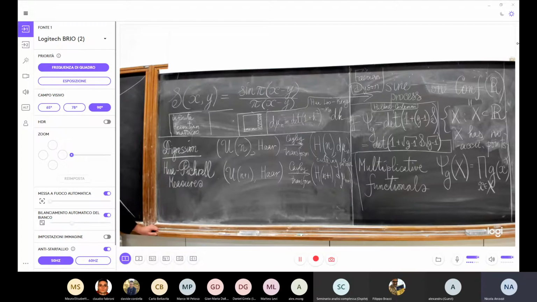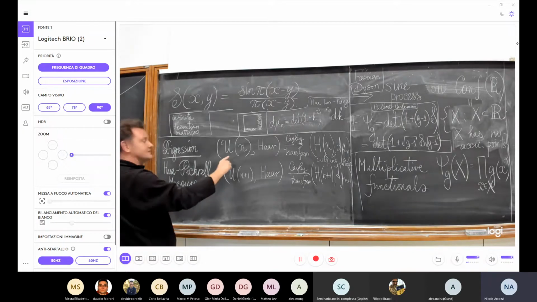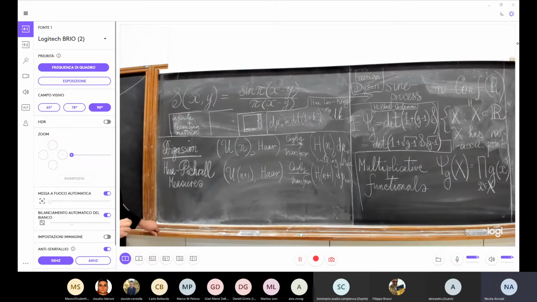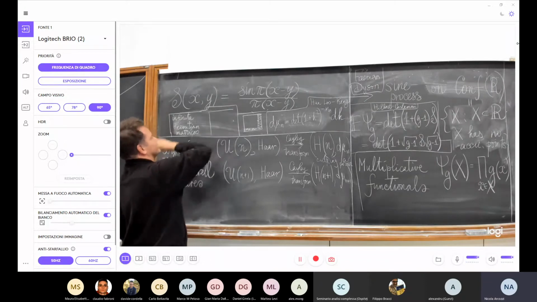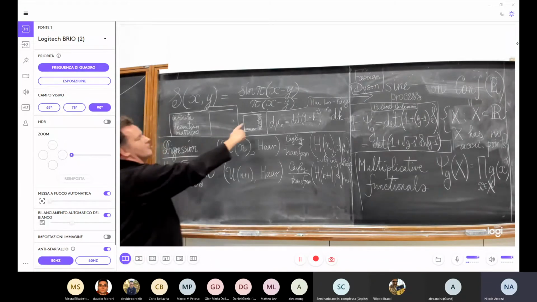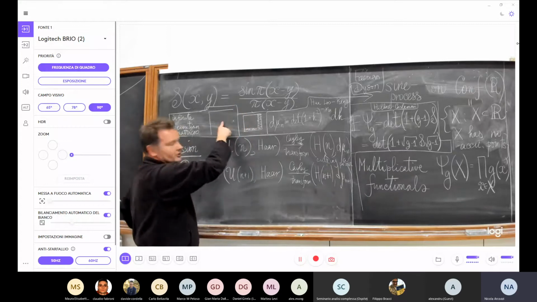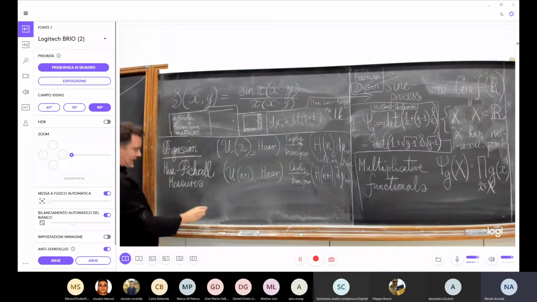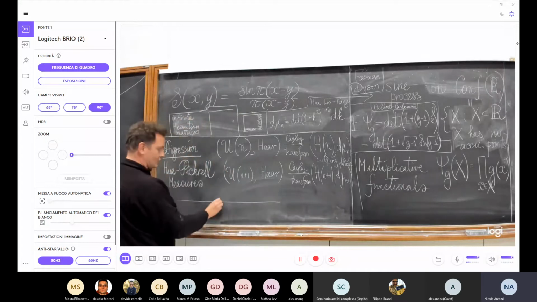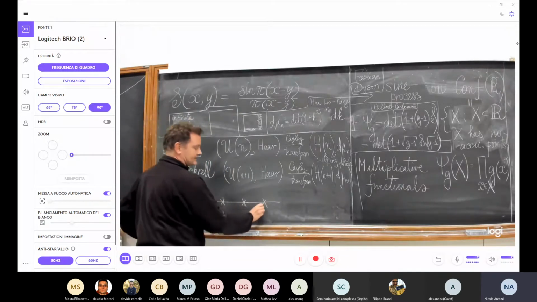It has an action of the infinite unitary group, of the inductive limit of these groups, and it has also asymptotic eigenvalues, which are not eigenvalues of any operator, but in fact they are asymptotic eigenvalues in the sense that the eigenvalues of these matrices, suitably renormalized, converge to an infinite collection of values which are asymptotic eigenvalues.